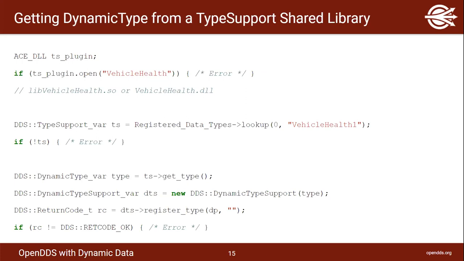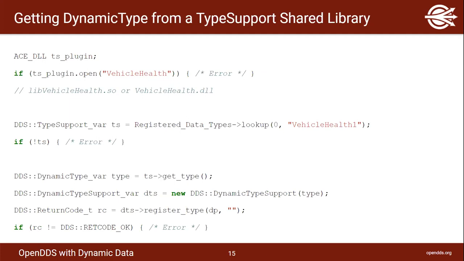And then we have to get the type support, and we can get that from the registered data types class in OpenDDS. You can search for it by name. And then from there, you can get the type from the native type support. We can't use the native type support if we can't compile against it. So we have to get the type, and then we can create what's called dynamic type support from that.